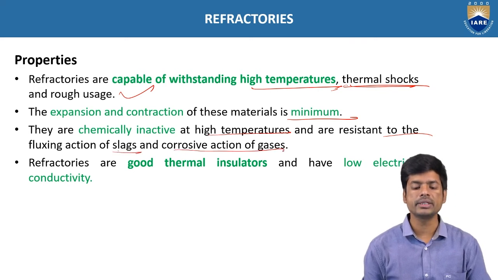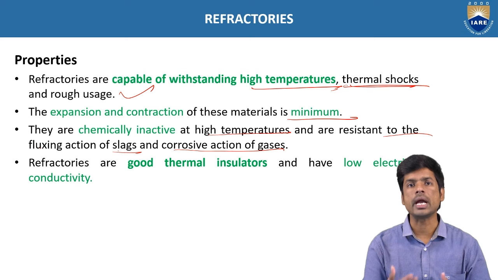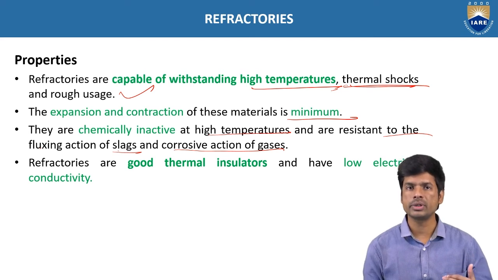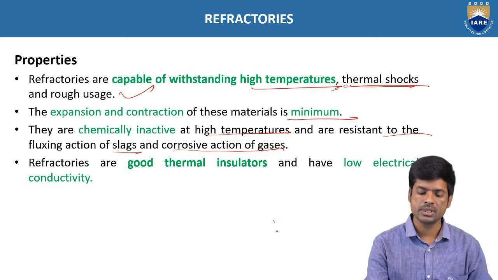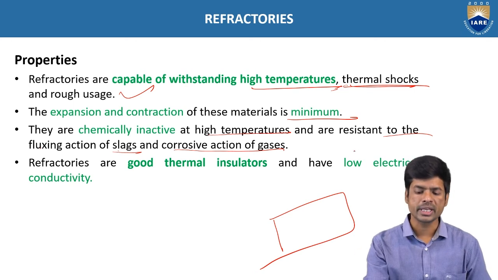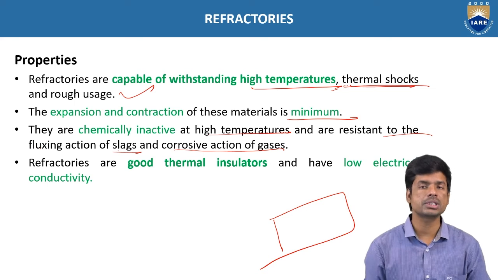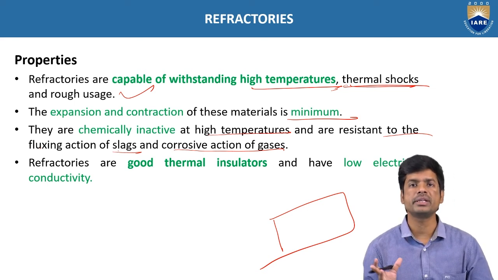If you take other materials and apply more temperature, they react, meaning they are chemically active at high temperatures. But these refractories are inactive, so they do not change or melt even at high temperatures. They are resistant to the fluxing action of slags, and to the corrosive action of gases, so they do not corrode.